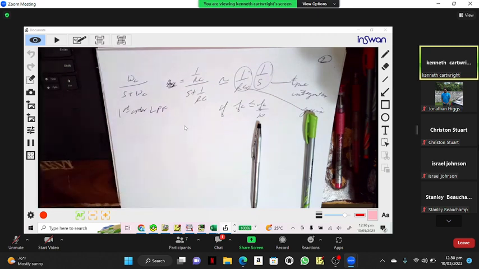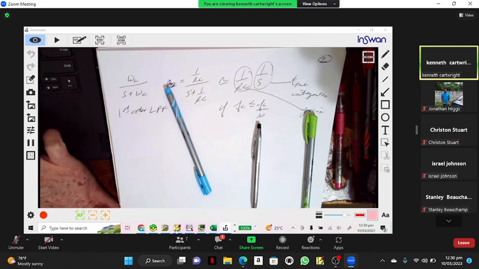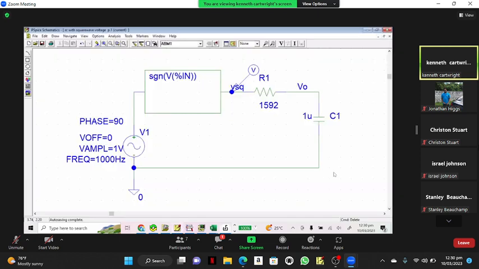Integrate that square wave and multiply by 1 over RC. That's what I'm expecting as my output. And let's see if that's true. So let me get my output. There's my output. Okay. Let me simulate this.